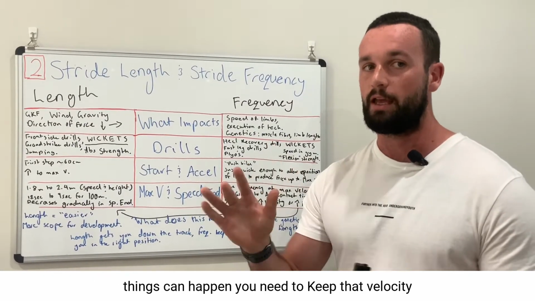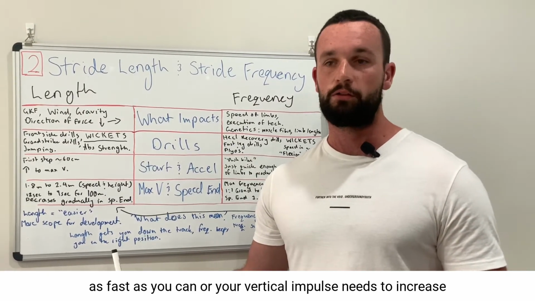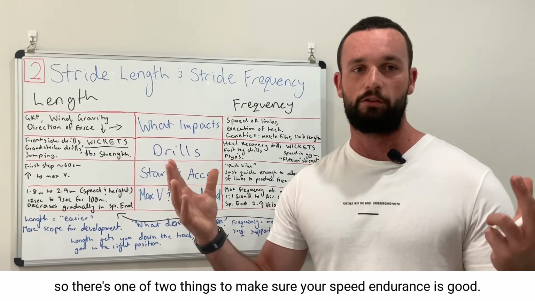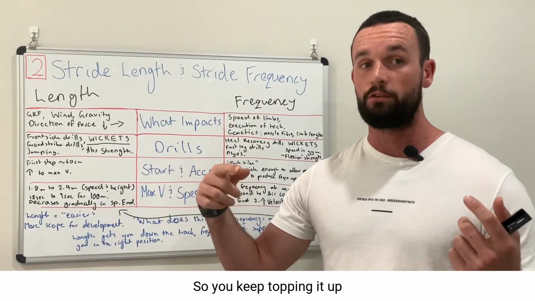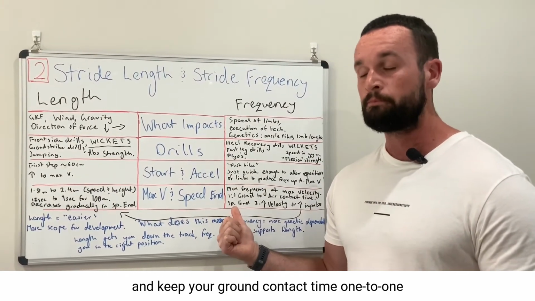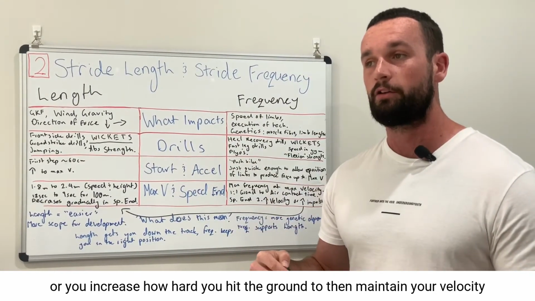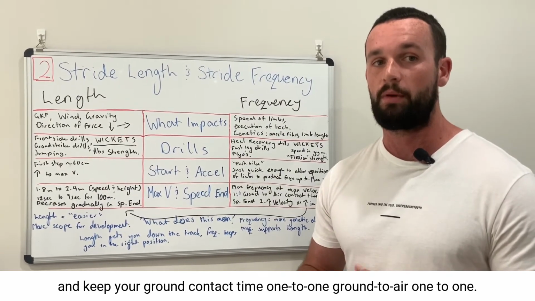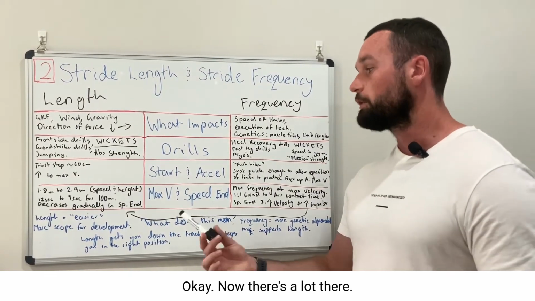You need to keep that velocity as fast as you can, or your vertical impulse needs to increase so that your stride length can maintain. So there's one of two things to make sure your speed endurance is good. You keep your velocity fast, so you keep topping it up and keep your ground contact time 1-to-1, or you increase how hard you hit the ground to then maintain your velocity and keep your ground to air 1-to-1, okay?